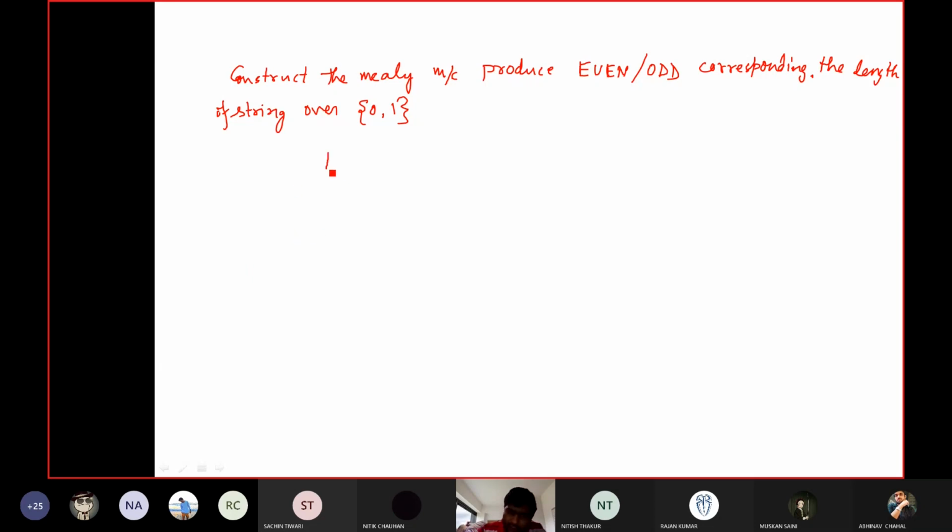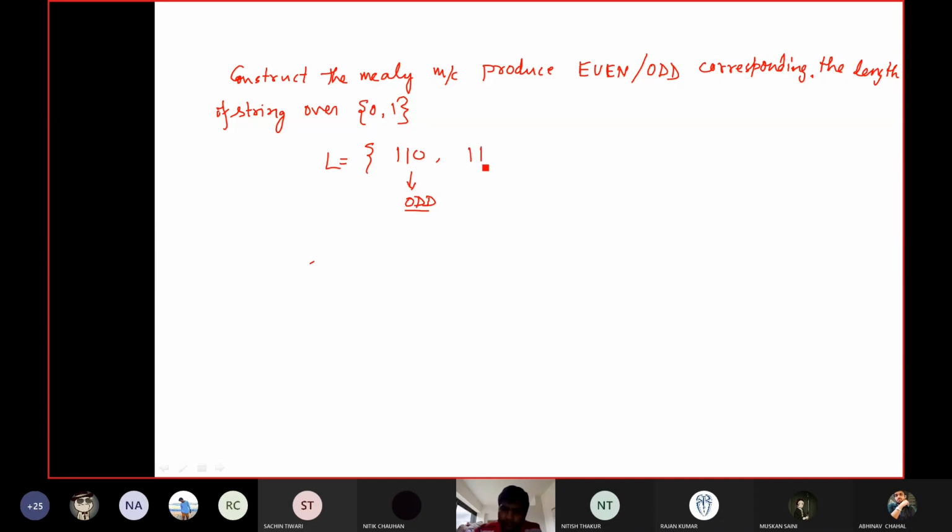That means if we form any string over 0 and 1, like 1 0 1 1, any string, let 1 1 0, what will be the output corresponding to this? That is odd. The last output must be odd.